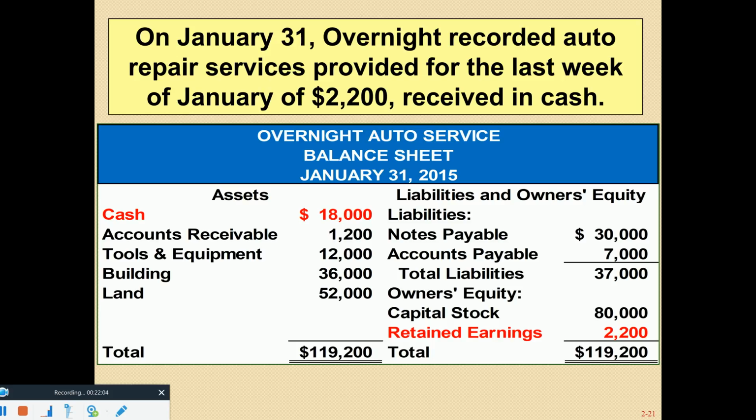If you think of the first letters in those three words, revenues, expenses, dividends, we have an R for revenue, an E for expense, and a D for dividend. R-E-D. You're going to hear me talk about the red accounts a lot, and these are the red accounts. So the revenue makes the retained earnings increase. And of course the cash was increased.